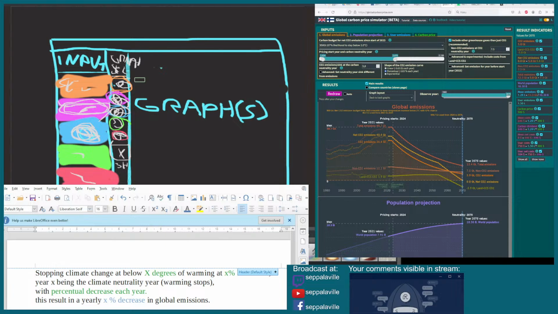So I think some options for where this text results section that I have here in this LibreOffice window could be here on the top above the graphs, and maybe another one is that it could be to the right of the graphs, but I'm not sure how much space there is to the right of the graphs.